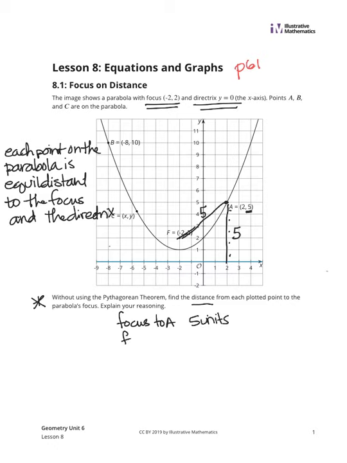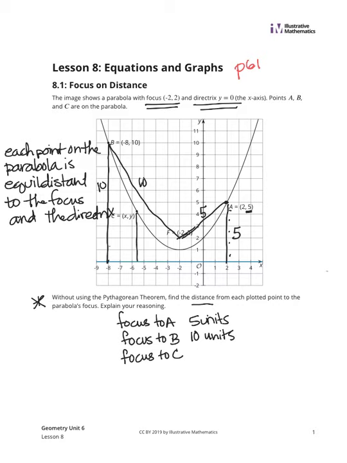So let's look at the distance from the focus to B, and then from the focus to C. I realize that B is 10 units above the x-axis, 10 units above my directrix. So then I know that it's also going to be 10 units away from the focus. So what if I don't know what my y value is?